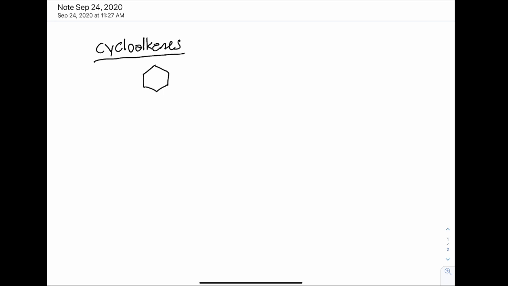So singly bonded carbons in a ring. We did look at in a previous video that because they're in a ring, they're locked in place, right? Like an acyclic alkane. Remember something like this, if I wanted to put a bromine here, and we could put a bromine on this carbon also.